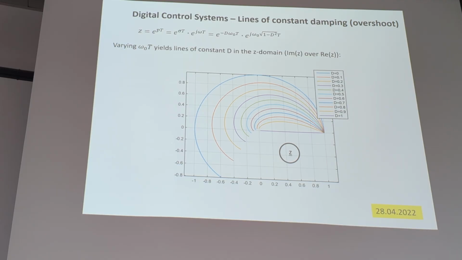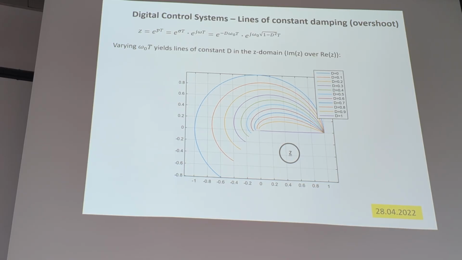So you see the legend showing d equal to 0, the undamped system, up to d equal to 1, where we have an aperiodic behavior. The system is not oscillating at all anymore. That's the border.